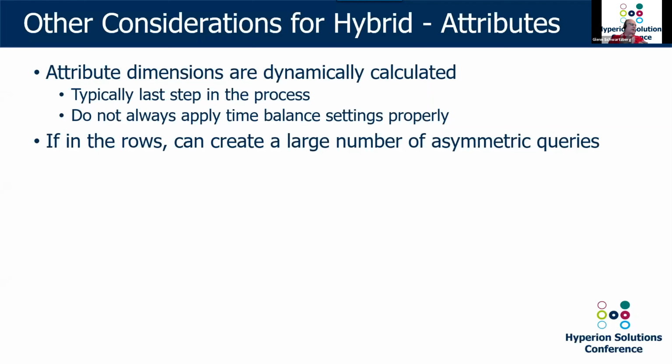Now, one of the things that we have in ASO cubes that I probably should have mentioned is that you could run query aggregations, which set intermediate levels to improve query performance. As of today, we don't get that option in hybrid cubes.